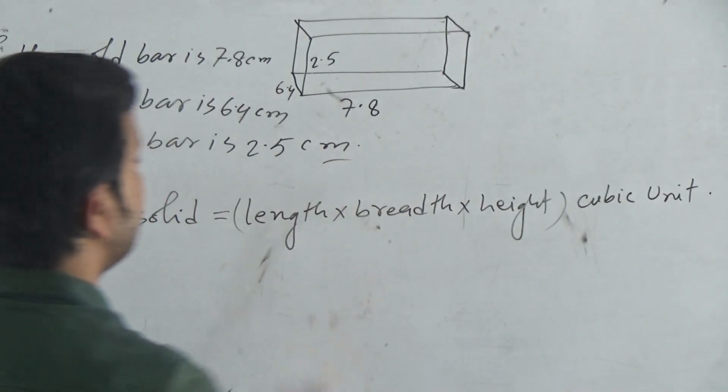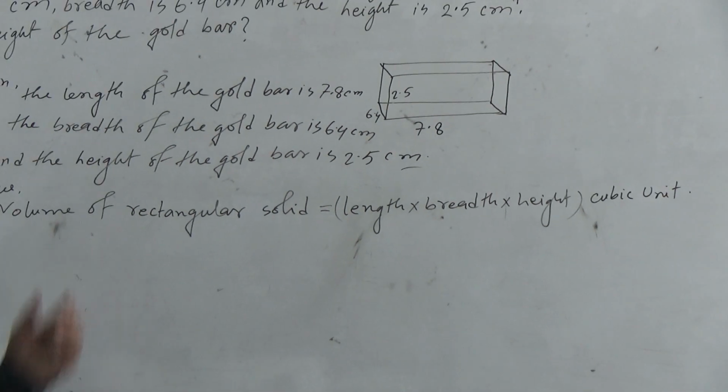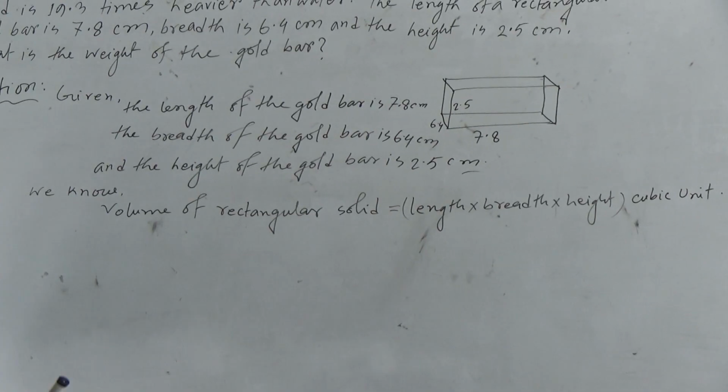Here the unit is given in centimeters. So when we find the volume of the gold bar, we have to write the unit cubic centimeter.